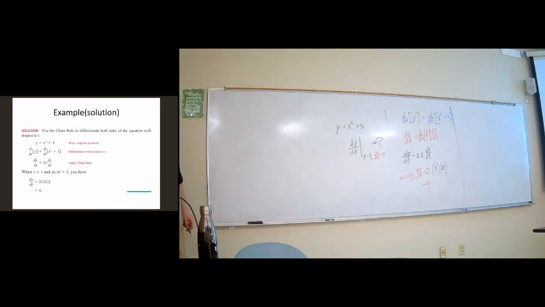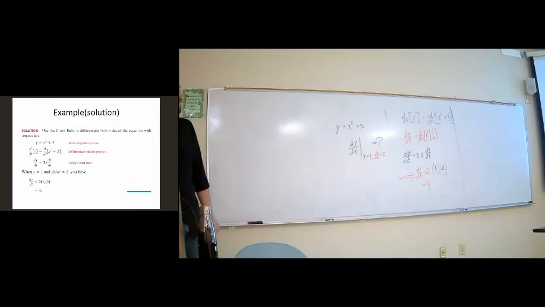So checking it out now. Here, we're using the chain rule and implicitly defining dy/dt, dx/dt, right? This is how the chain rule gets applied here. But we know how dx/dt behaves when x is equal to 1.